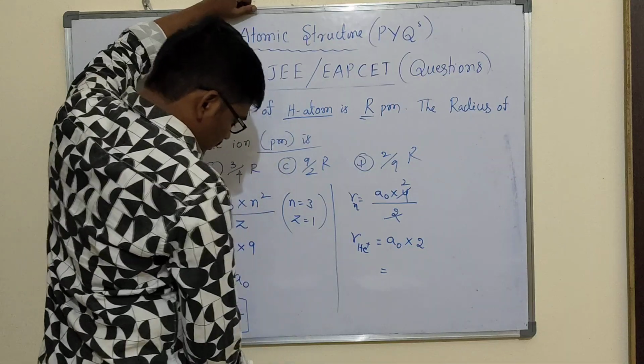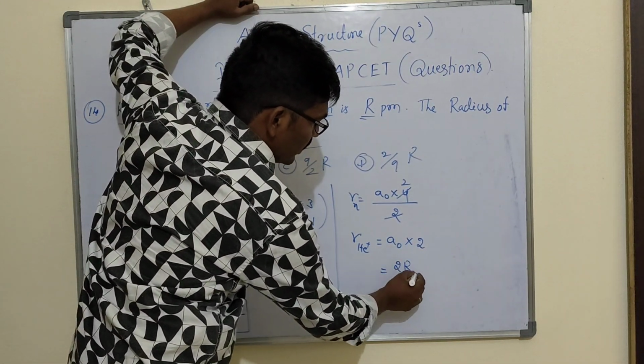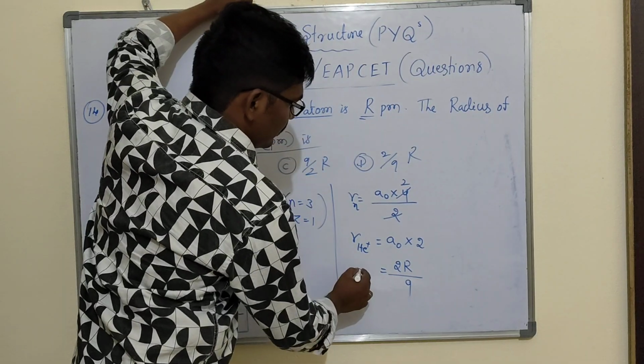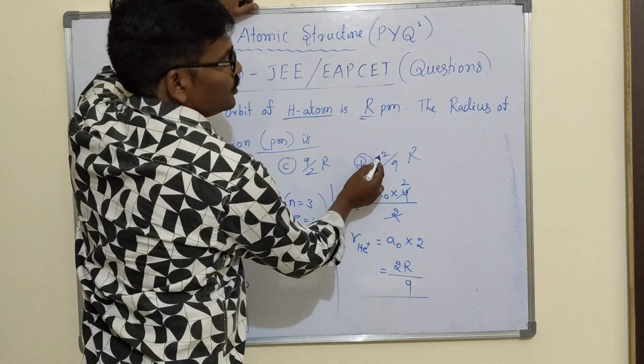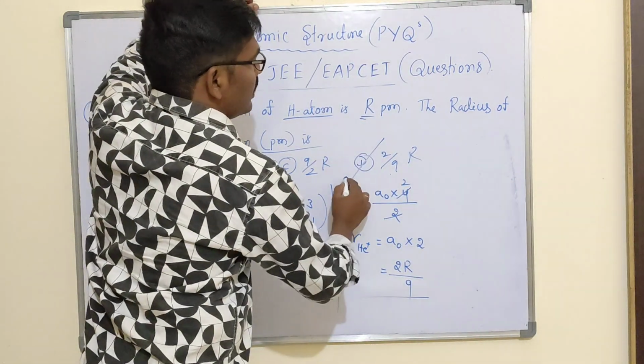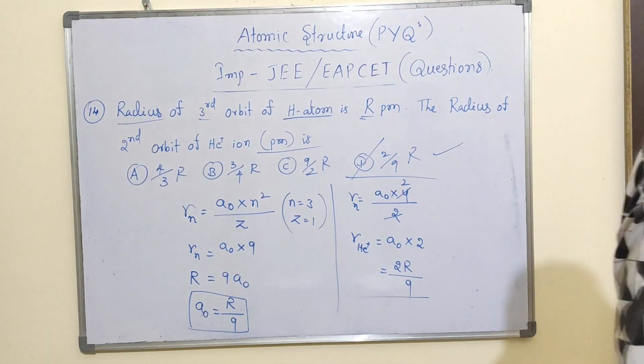So what is the a naught value? R divided by 9. So 2 into r divided by 9. This is the answer. So 2 divided by 9 into r. Clear? Understand all of you? Yes. Note it.